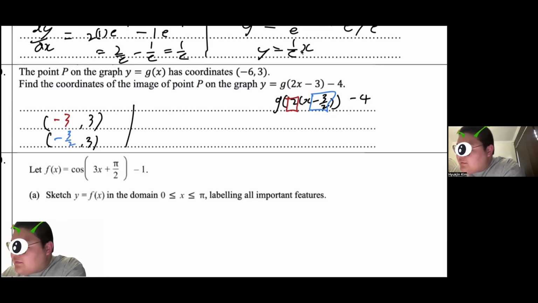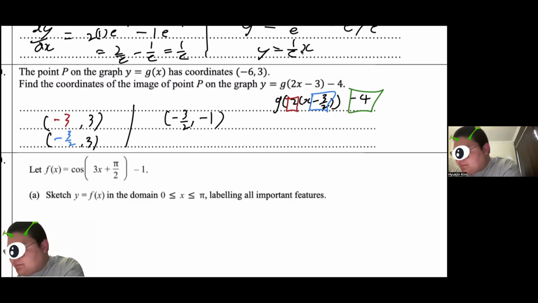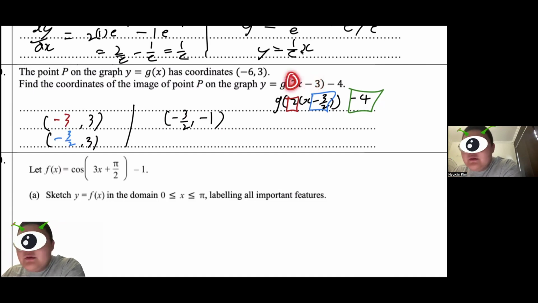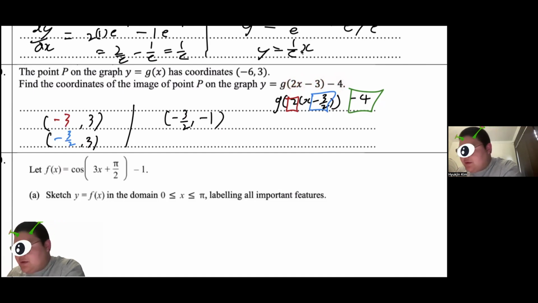And then you minus the 4, so it becomes negative 3 on 2, minus 1. And that's the answer. If you wish, you could have moved by 3 to the right first, then divided by 2 for the x value, and then minus the 4 on the y. Whichever one you prefer is fine.